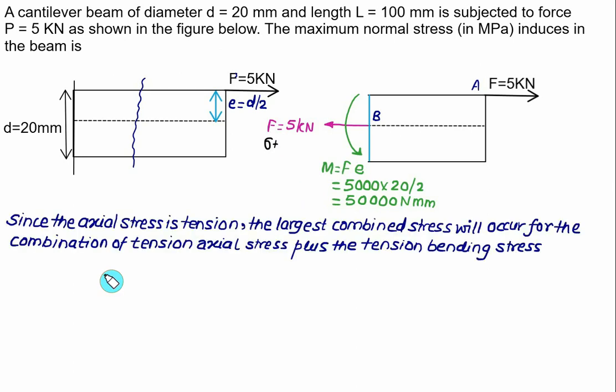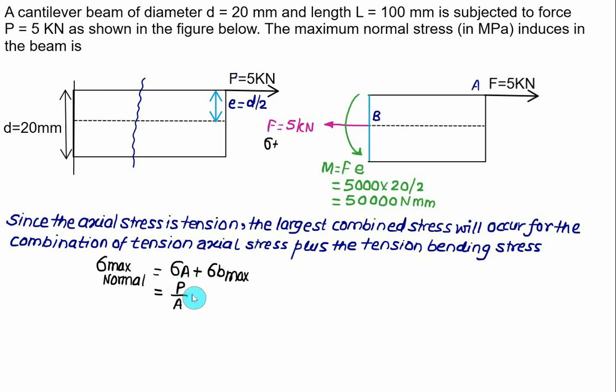To find the maximum normal stress, sigma maximum normal stress means along the x direction. Sigma maximum normal stress is possible when we take the axial stress, which is tensile, plus the bending stress, which is also tensile, but we select the maximum value of bending stress. Sigma axial is P divided by area.